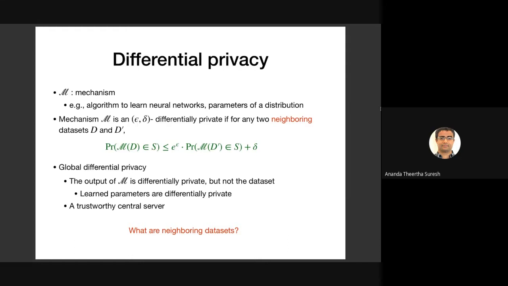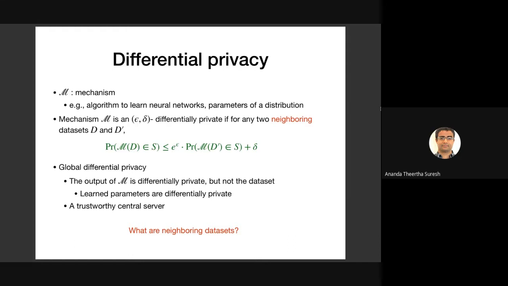For example, if you learn a discrete distribution, the goal is to ensure the learned distribution is differentially private. If you learn a neural network, the goal is to ensure that the parameters of the neural network are differentially private. To implement it, typically one needs a trustworthy central server, but you can also do it without a server by using some cryptographic primitives, and I won't go into details of it.